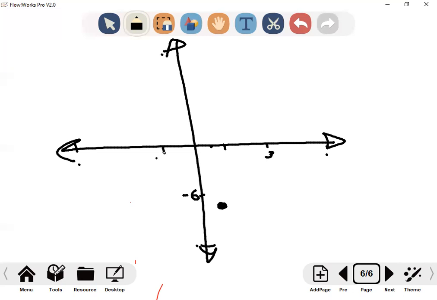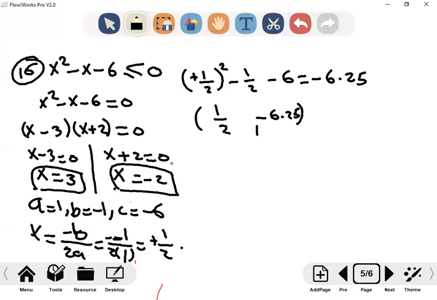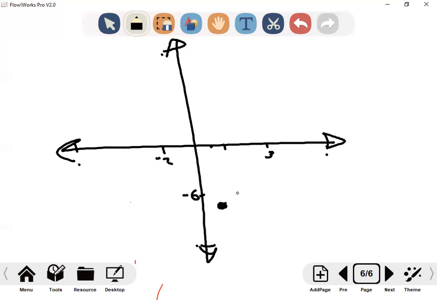Done? Now from the vertex, by the way, what's the y-intercept? Negative 6, right? So here, these are the two intercepts for x, and passing through the y-intercept, and done. Here, no shade.